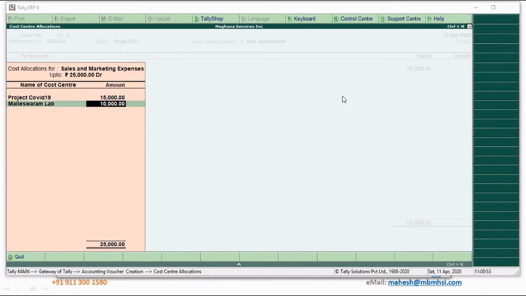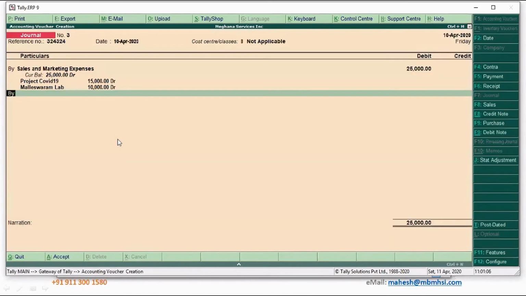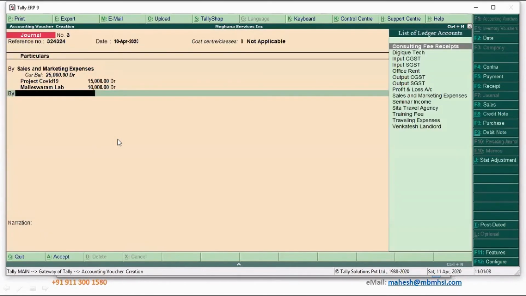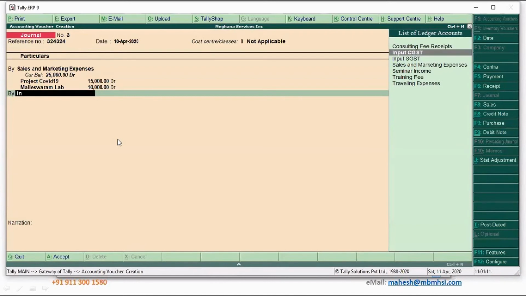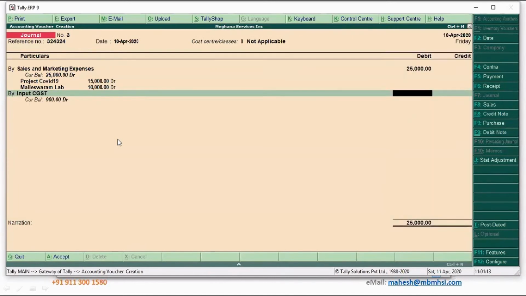Yes, Miloni, hope you are able to hear me. Yes, sir. Actually, I will write for project COVID 15,000, Malleshwaram 10,000. But while going for the GST, GST will take automatically on 15,000. Automatically, will it give me the breakup for 9% for project COVID and Malleshwaram, or will it not give, and I have to calculate?